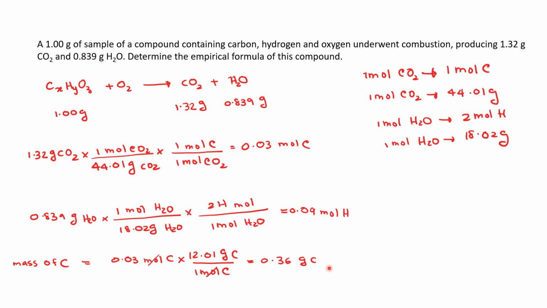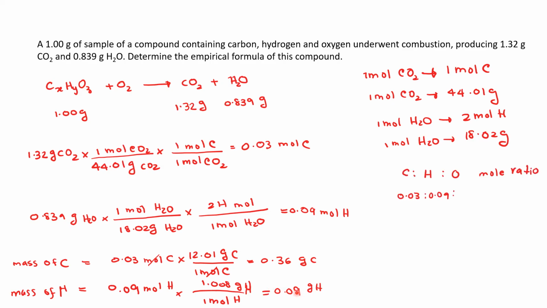So we know the mass of carbon. We do the same thing for hydrogen and find the mass of hydrogen. Then we subtract these two numbers from 1, because the mass of the sample is 1 gram, and you get the mass of oxygen.